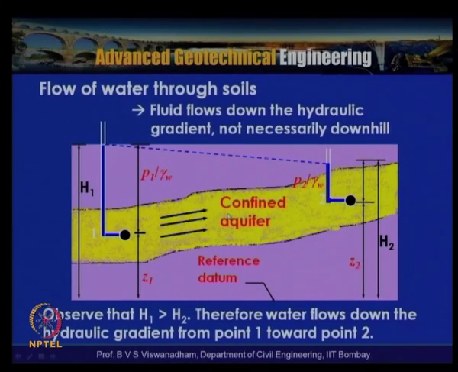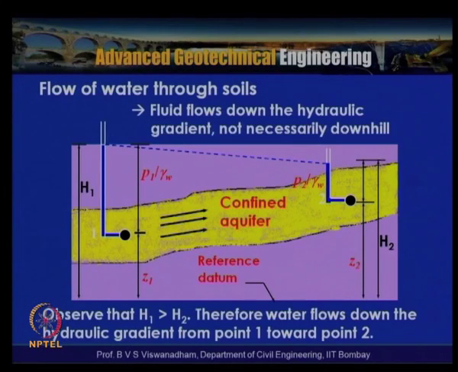In this particular slide, we have a confined aquifer shown with a reference datum, having a total head of H1 on the left hand side and a total head of H2 on the right hand side.